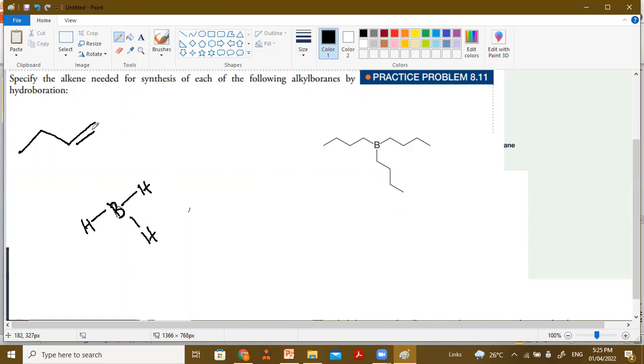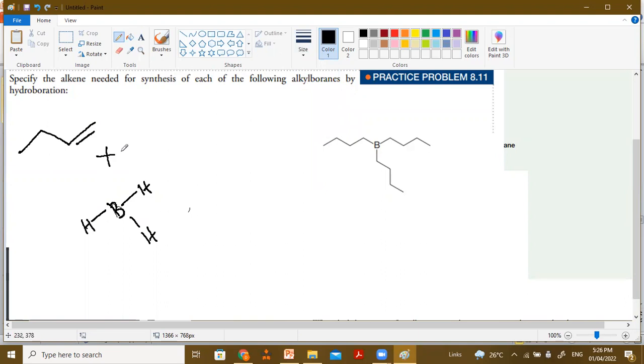And this is the one, the terminal one, or the one that contains the less substituted carbon, where you will add your boron. And you notice that the alkyl group here is not substituted. So most likely your alkene is not substituted. Only one of the carbons is being substituted.